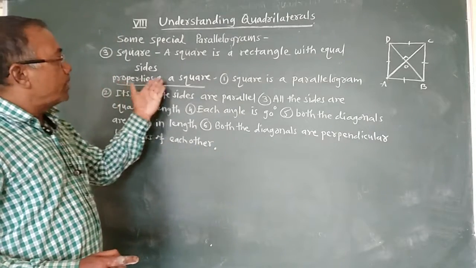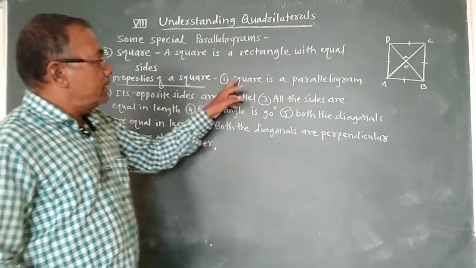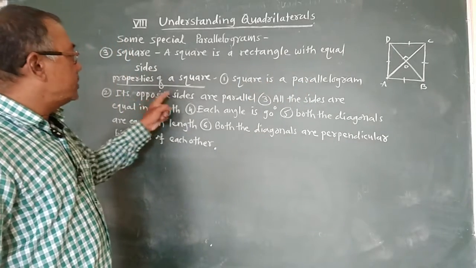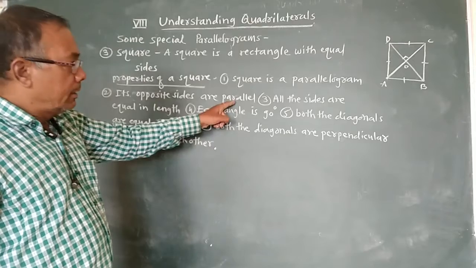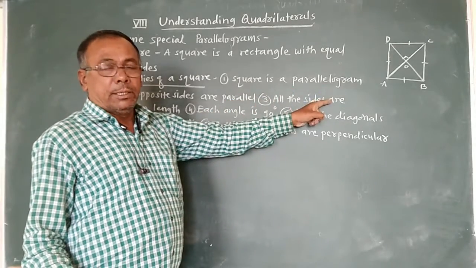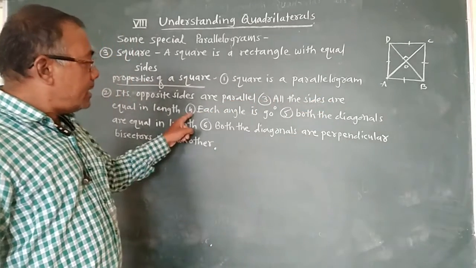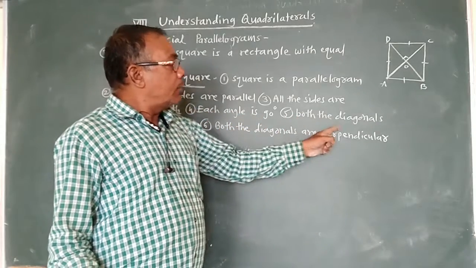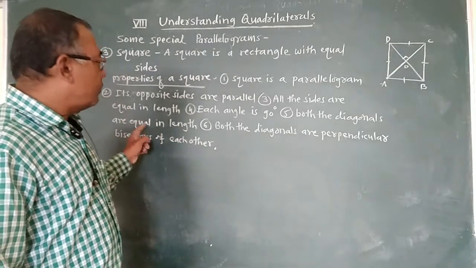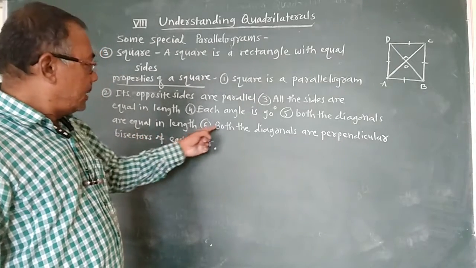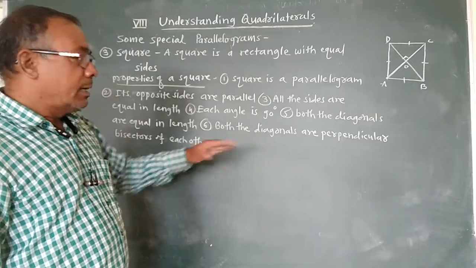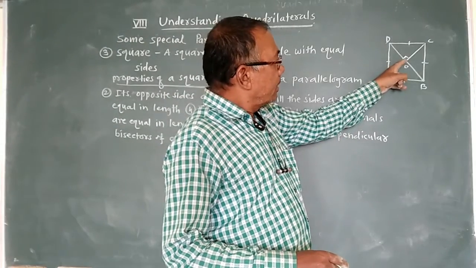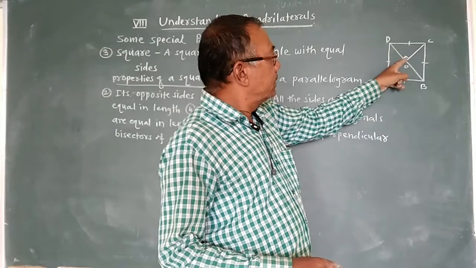So let us see the properties of a square. First property: a square is a parallelogram. Second, its opposite sides are parallel. Then all the sides are equal in length, and each angle of the square is 90 degrees. Both the diagonals are equal in length, and both the diagonals are perpendicular to each other, and therefore here a right angle is shown.